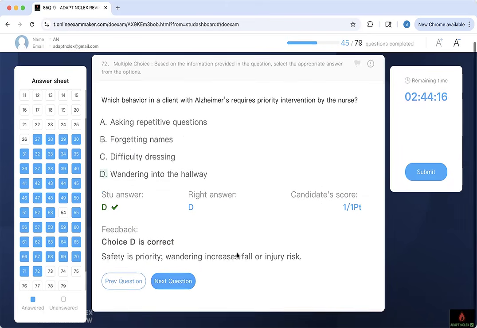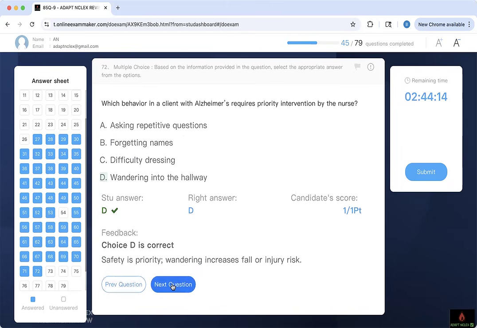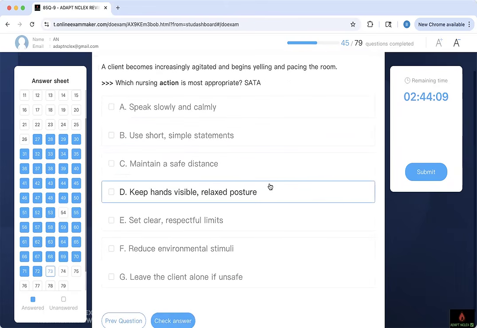Anxiety in this patient, you've got to figure out. They're more likely to fall. They're more likely to injure themselves. The client becomes increasingly agitated, yelling and pacing in the room. Safety, safety, safety. Is the client yelling, pacing, moving around? Which action is the most appropriate? This is key.